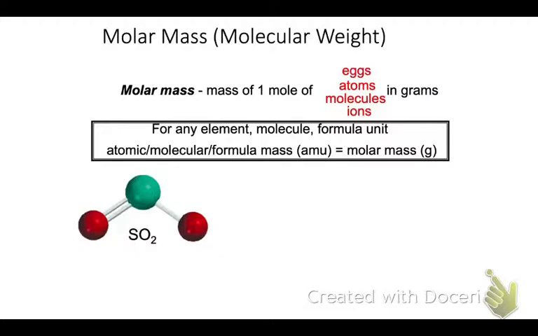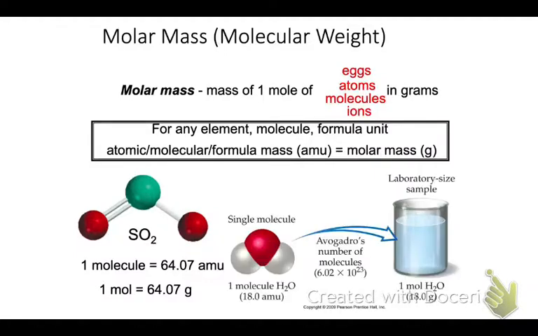So remember sulfur dioxide? We decided that one molecule has 64.07 atomic mass units. If I want to know the molar mass, which is the mass of a mole of those molecules, then it will be that number, but in grams, which will be 64.07 grams.